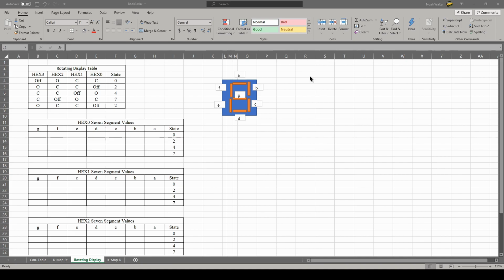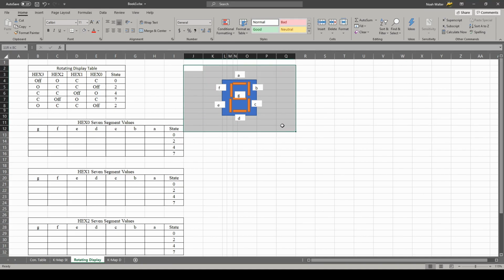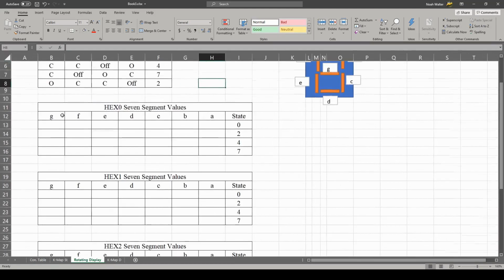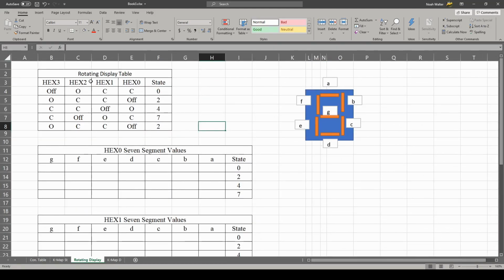In this section, we are going to be covering this right here, which is the hex display, and these are the corresponding values which are important for later. And the rotating table right here. So, your table on your assignment, which you are not copying from me, your states are going to go 0, 2, 4, 7, 0.